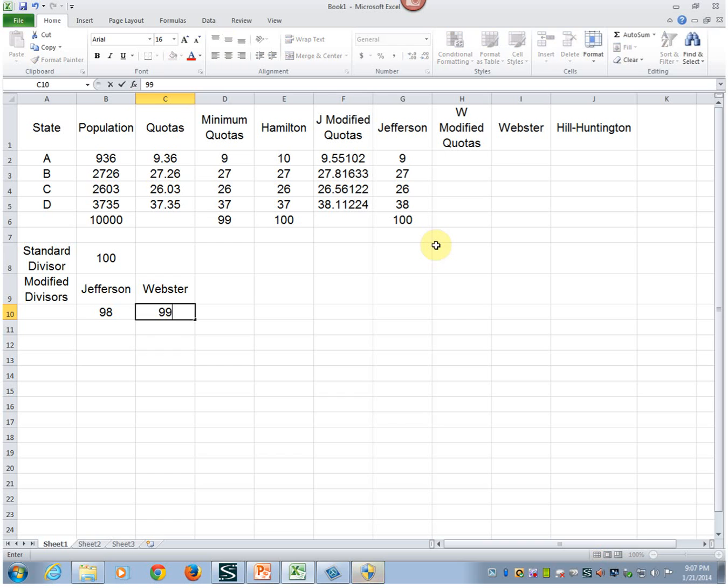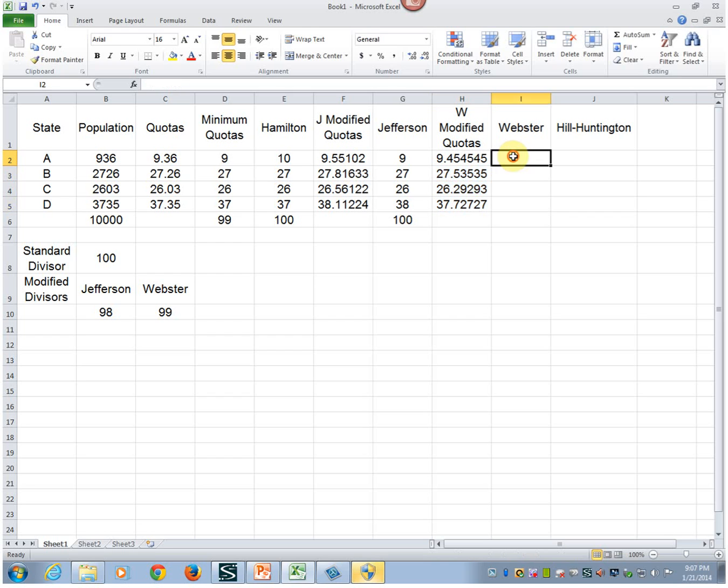So let's try a modified divisor of 99 for Webster. So equals, click the population divided by $C$10, and then highlight, Control D.